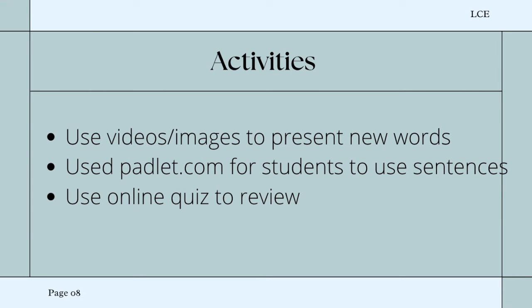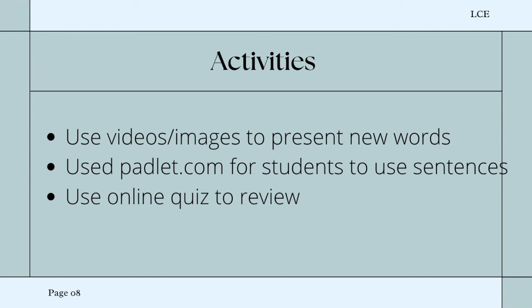To summarize this, you can see that we can use videos and images to present new words. It means that we can use a conversation or a dialogue to present new words, and then to encourage our students to use sentences, we can use Padlet for students to write their sentences. Or you can use some website for the students to create a story or short conversation using the words.